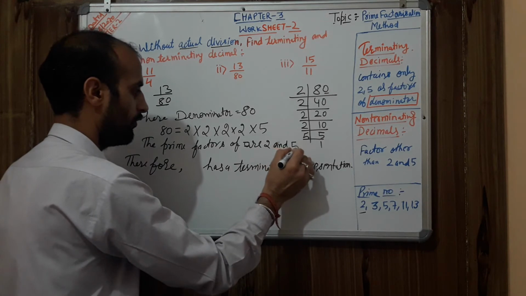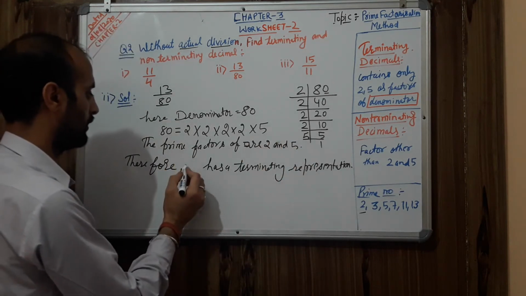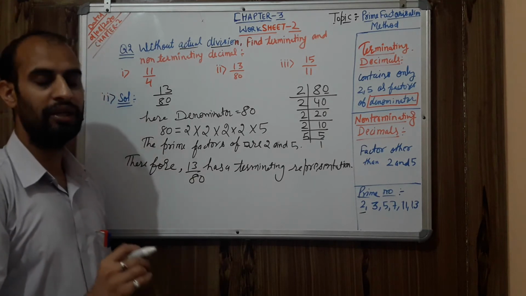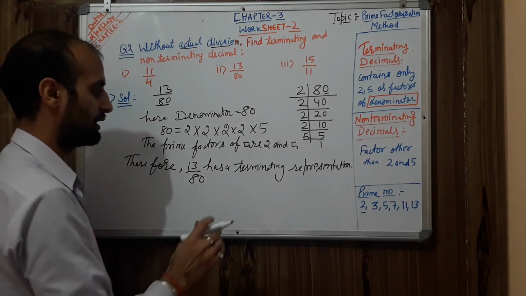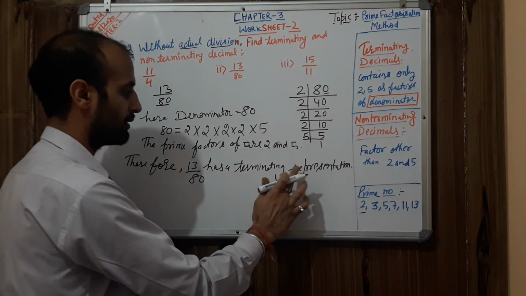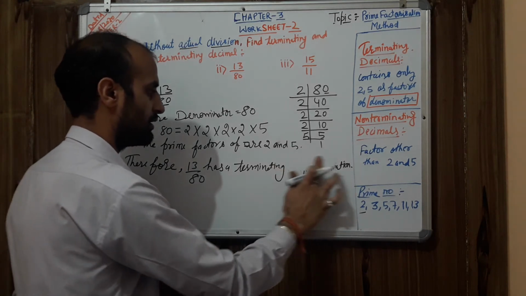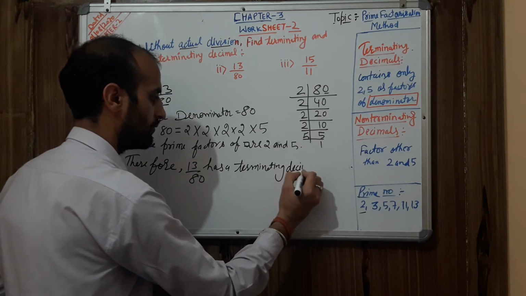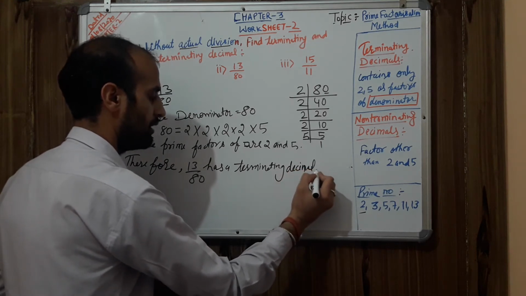Therefore, 13 upon 80 has a terminating decimal representation.